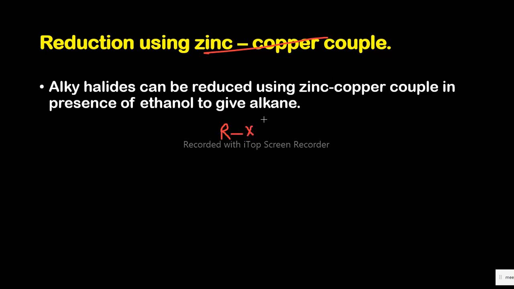So if we react these alkyl halides with zinc and copper, a mixture of zinc and copper, and you need an organic solvent such as ethanol, then we shall form an alkane, whereby the zinc is going to take away the halogen and then you remain with an alkane.